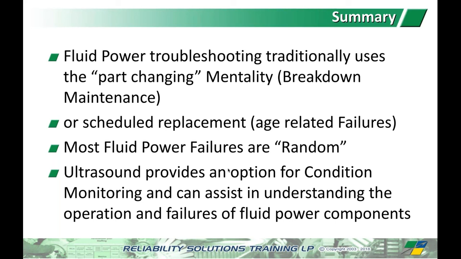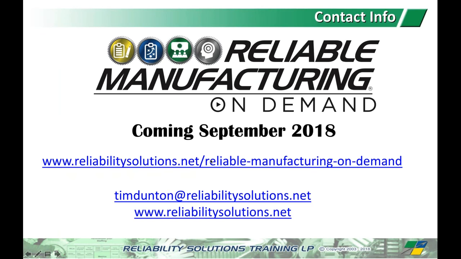And remember, that works for time-based age-related failures. The problem is most fluid power failures are random in nature. Therefore, some kind of condition monitoring is required, and using ultrasound can certainly help us in that area. That's about all I've got.